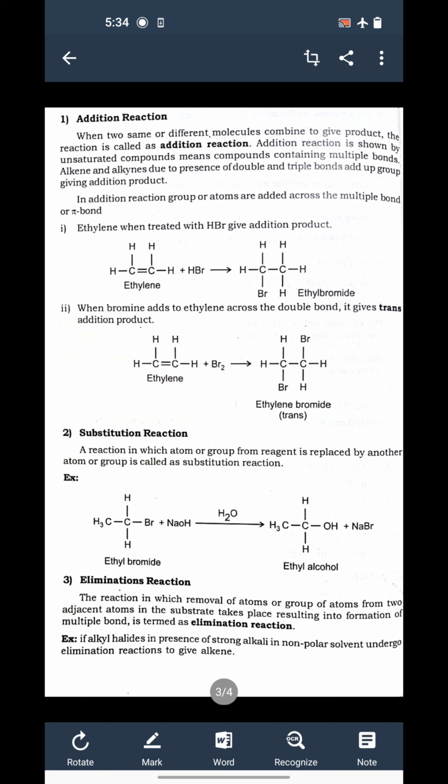We can simply say that it is just the reverse of addition reaction. Whatever the product of addition reaction is, it is the reactant for elimination reaction, and whatever the reactant of addition reaction is, it is the product for elimination reaction.